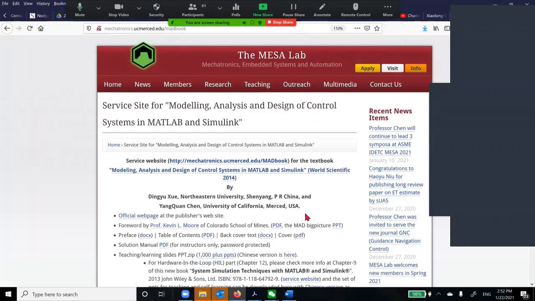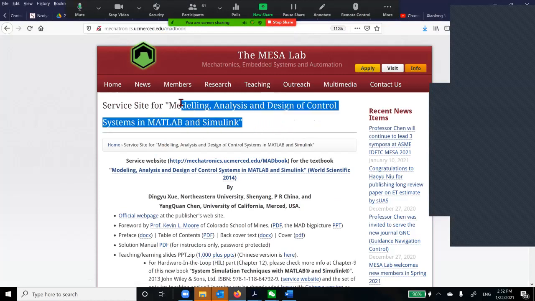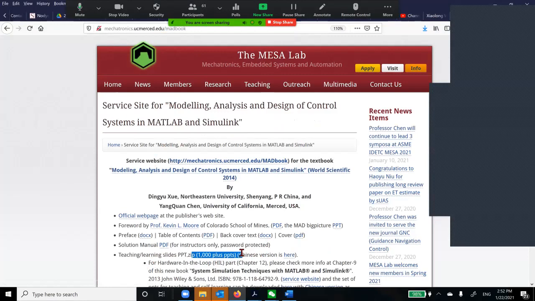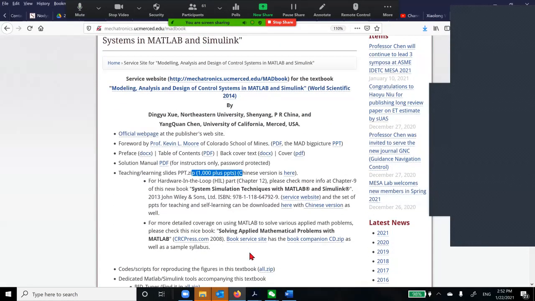You'll come out, this is our math book: modeling, analysis, and design in MATLAB Simulink. I suggest you take a look at this book. There are a lot of PowerPoints, 1,000+ PowerPoints. I even have English and Chinese versions. If any of you really want a copy of this book, sure, I can give you a copy, no problem.